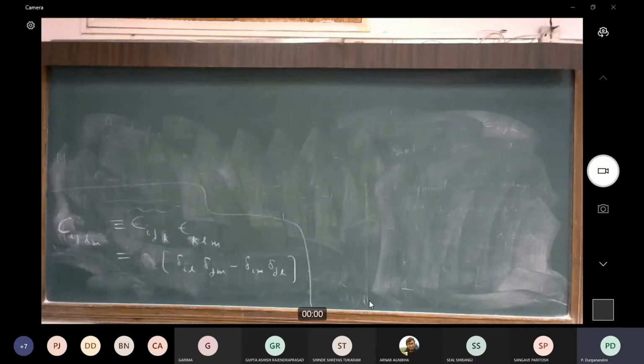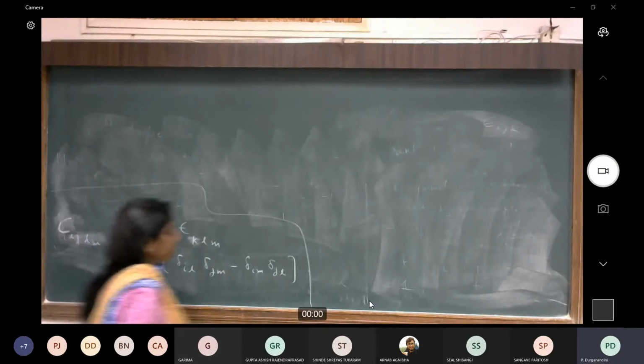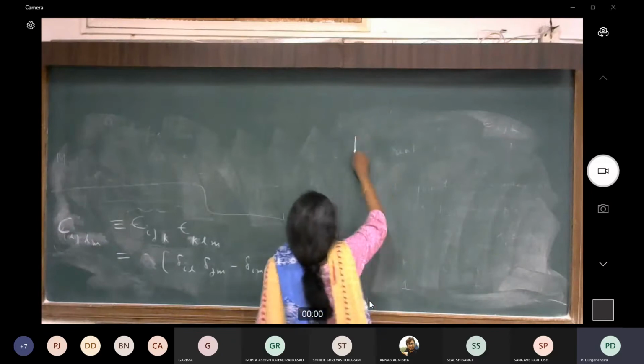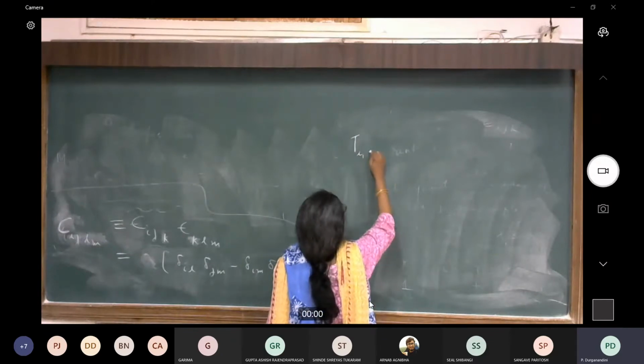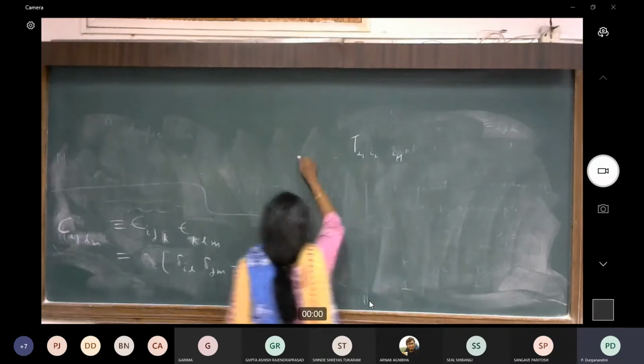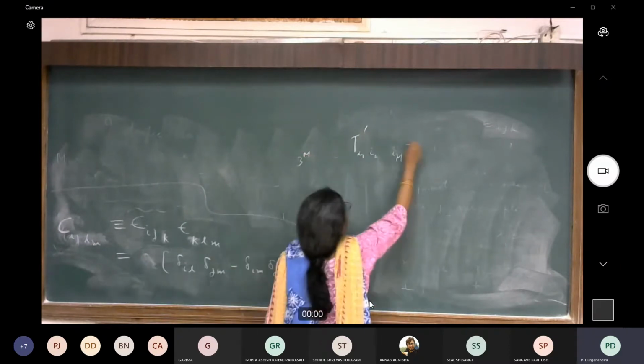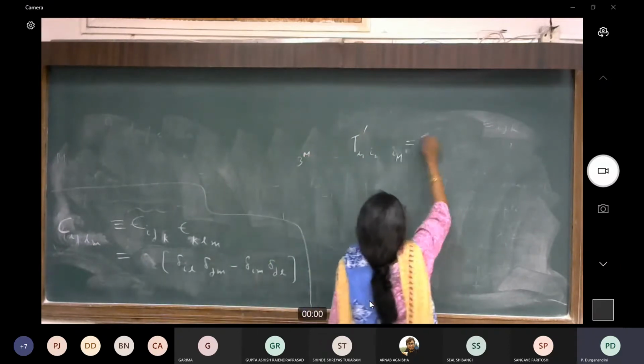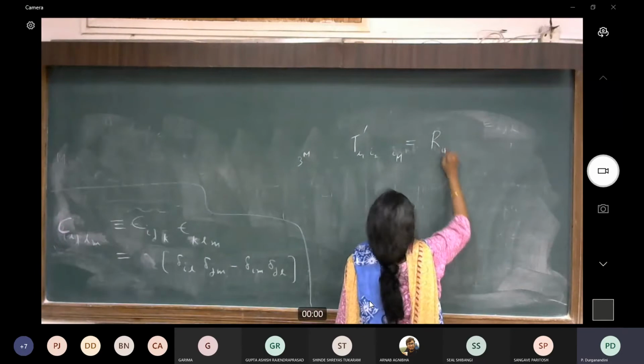Now, before I go further, let me say that, see, so far what we were doing was, I said that I'm going to define a tensor in this form, that a tensor of rank m is something which has 3 to the power of m components, and its transformation properties under a rigid rotation are of this form.